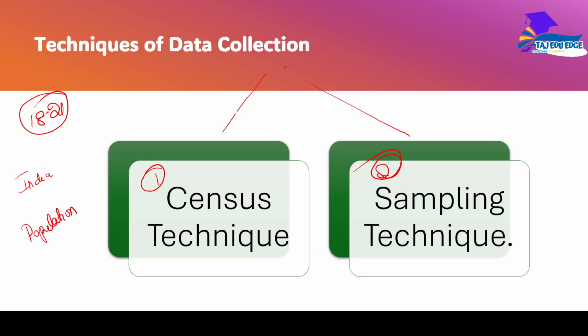You know that once in 10 years, the government of India collects the data from the population through the technique of census. There, the teachers or the data collectors visit the homes, okay? Door to door they visit, they collect the data from the people at home.